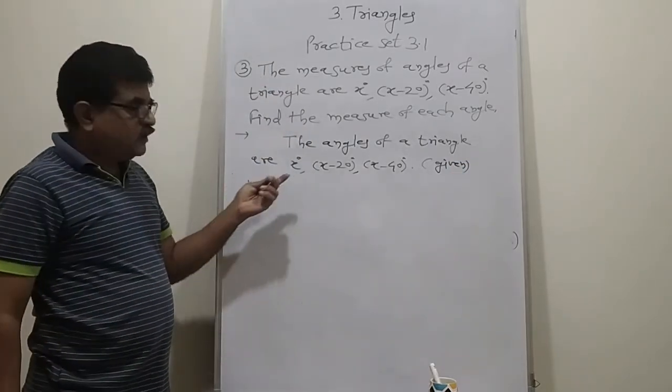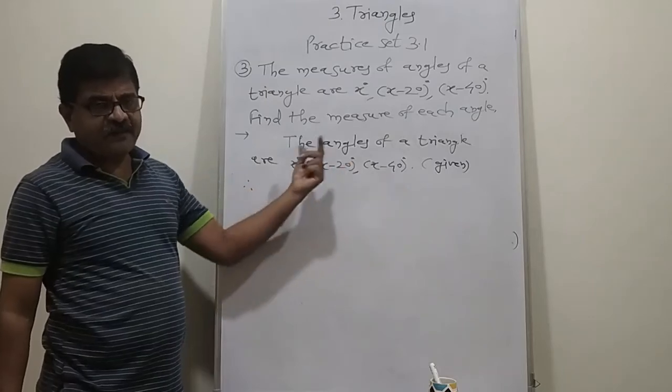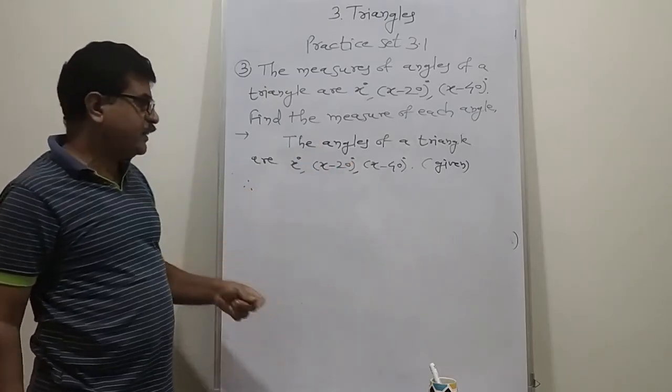Therefore, these are the angles of the triangle. Therefore, the sum of these is 180 degrees.